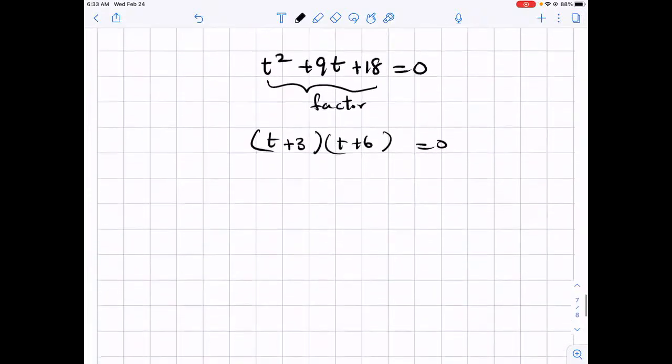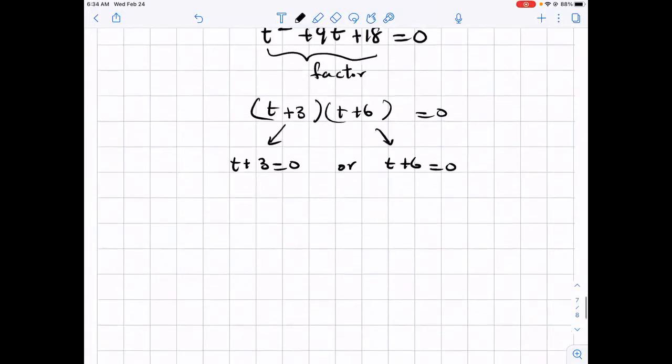And now we take each factor, t plus 3 equals 0, okay, or t plus 6 equals 0. Now we solve for t.